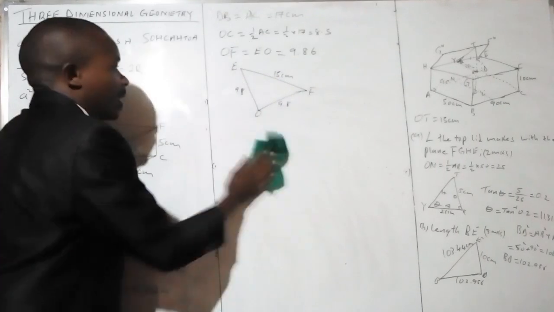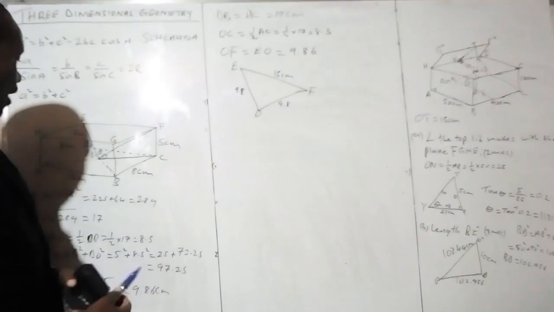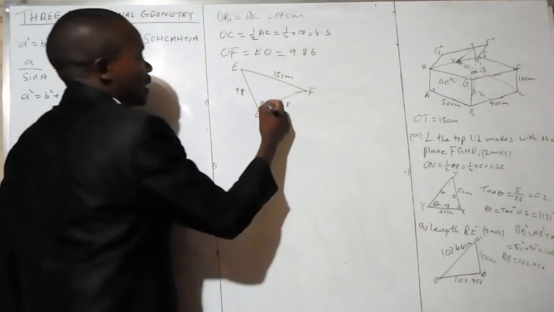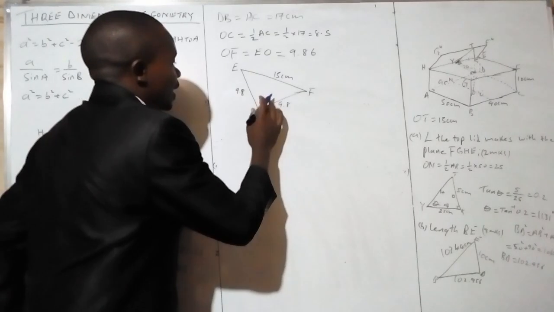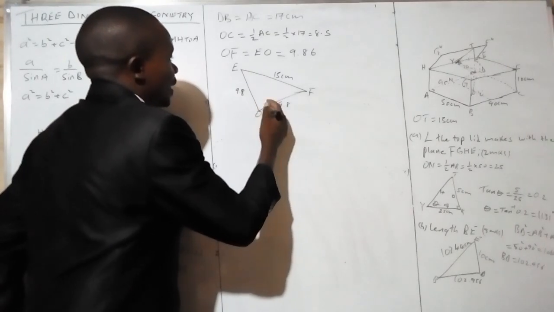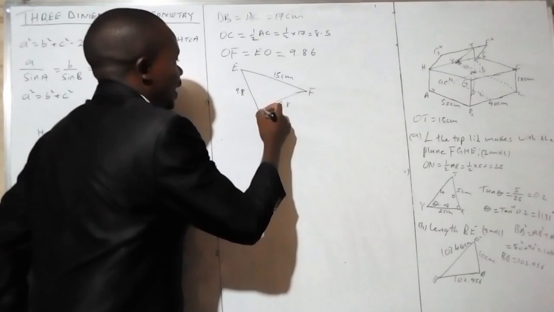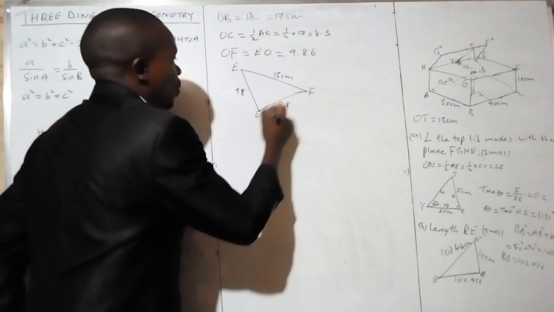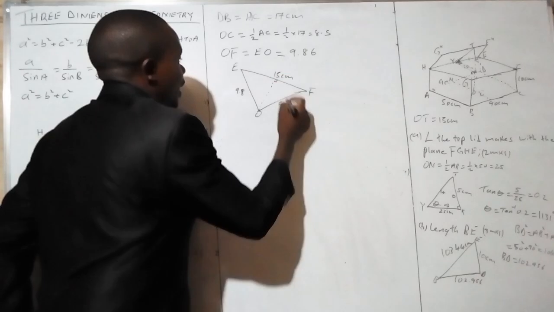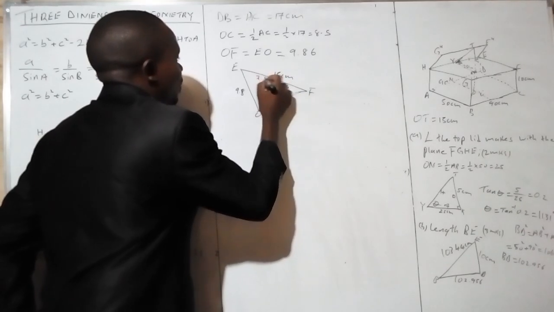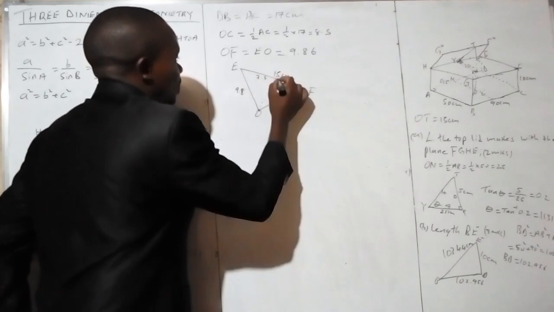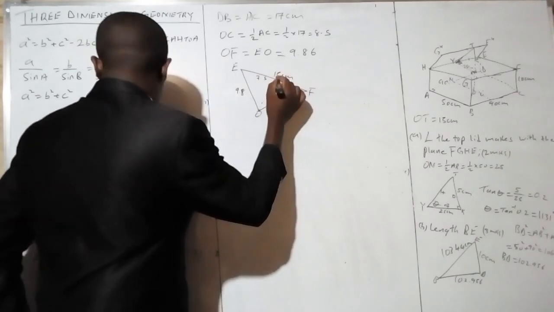The angle the examiner wanted us to get is this angle here. We can first of all divide this triangle EOF into 2. 15 divided by 2 is 7.5. We can call this point N.